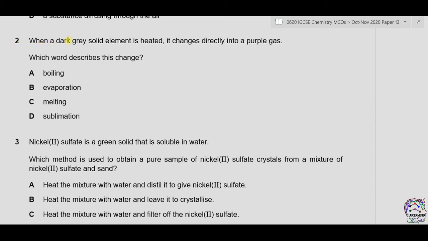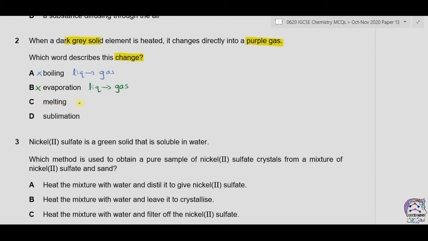Question 2. When a dark gray solid element is heated, it changes directly into a purple gas. Which word describes this change? A is boiling, and boiling is from liquid to gas at boiling point. So A is incorrect. B is evaporation. Evaporation is also from liquid to gas, but it can occur at all temperatures. So B is incorrect.